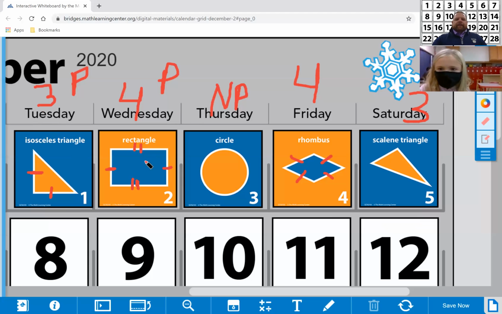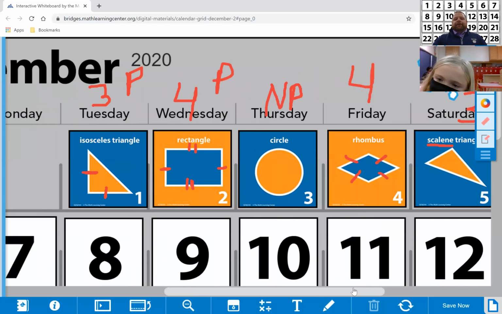Day 1 was a triangle, and a rectangle was day 2. So day 5 is also a triangle, but this says it's scalene. Do you know what scalene means? No, this is new for all second graders. Scalene means that each side is a different length. So it has 3 sides and 3 corners, but all different lengths.